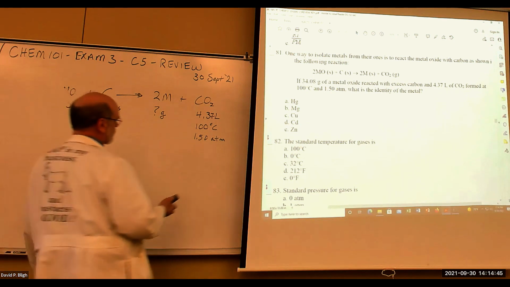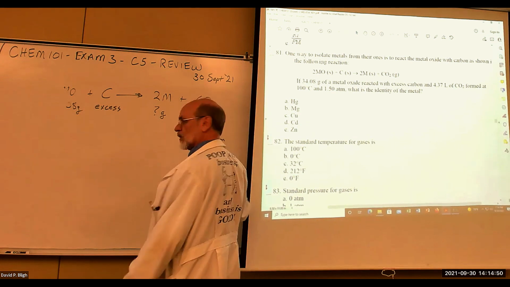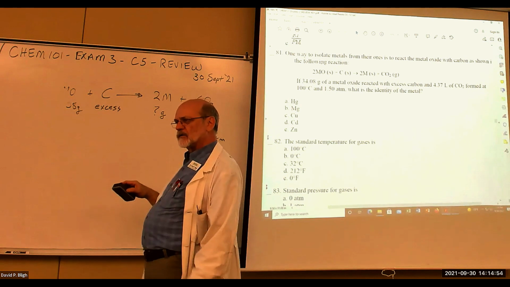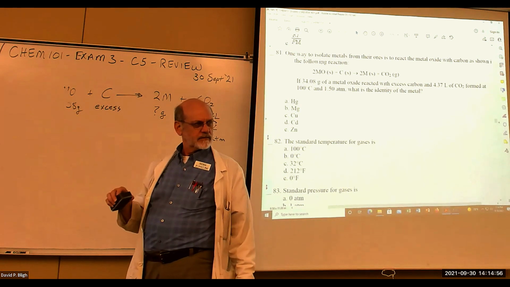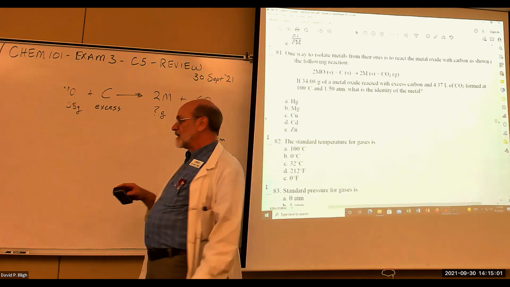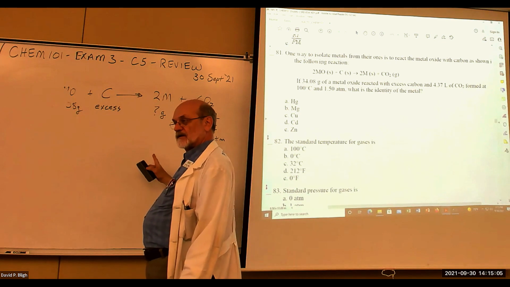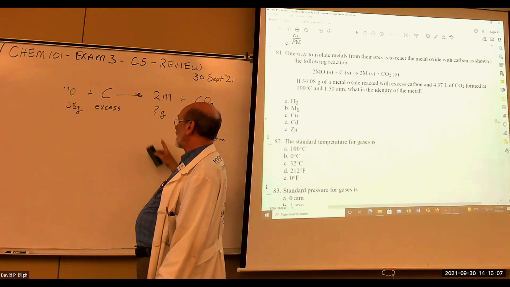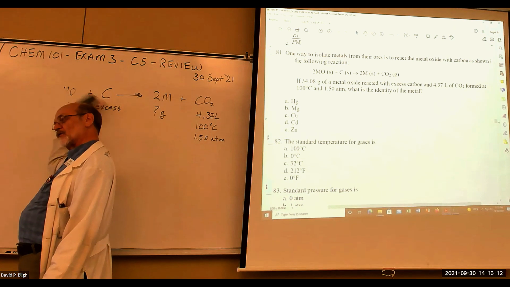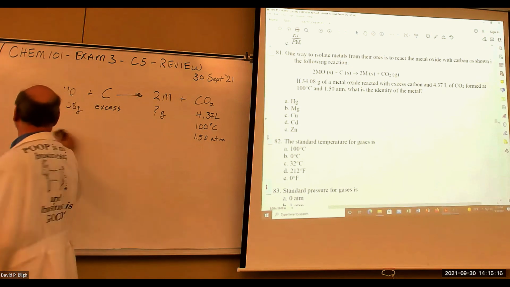We determined, based on this information here, that carbon dioxide was 0.2142 moles. The ratio of this one, 1 to 2, means that this one has to be 0.4284. And this one is 2 to 2, so MO is the same number of moles. That's where I got the number of moles for that calculation. All right.